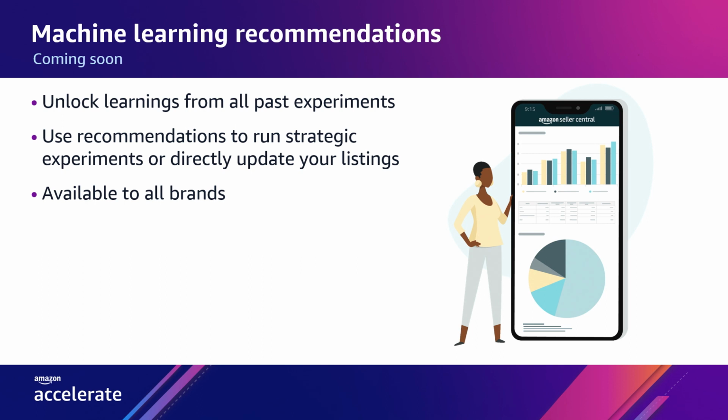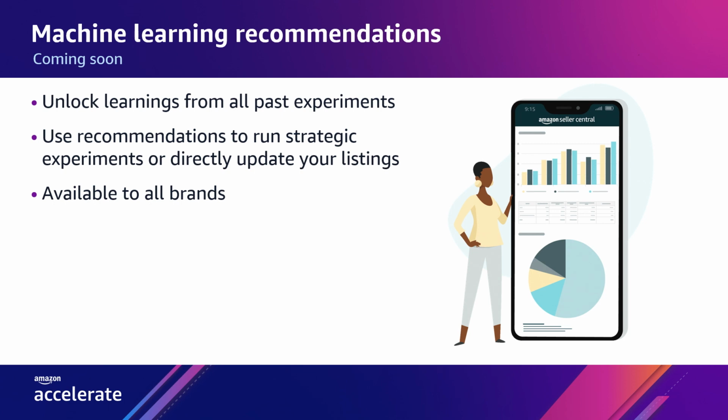Okay, so the next feature is machine learning recommendations. So we're planning to offer content recommendations for titles and A+ content by the end of this year, which will help you leverage learnings from over 500,000 experiments that have already been ran.